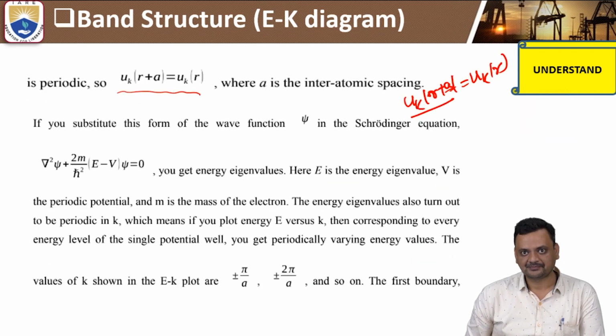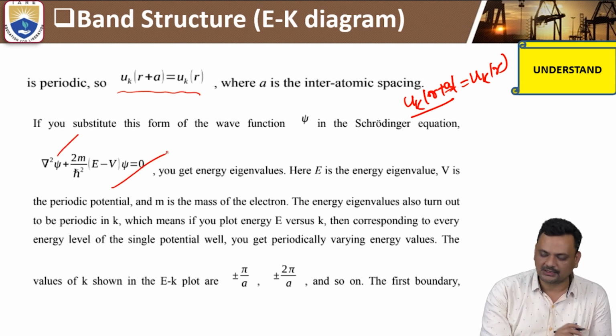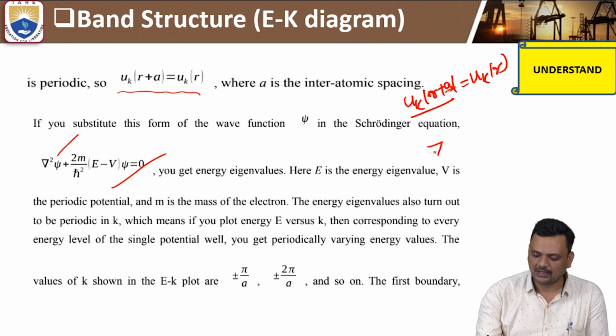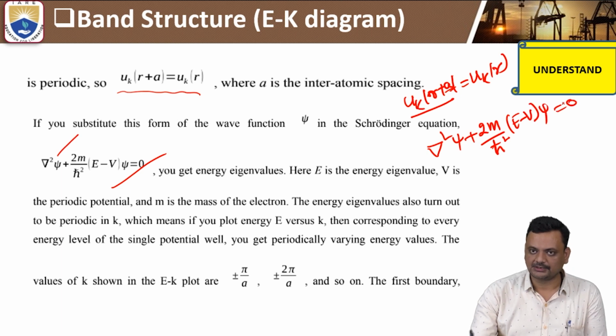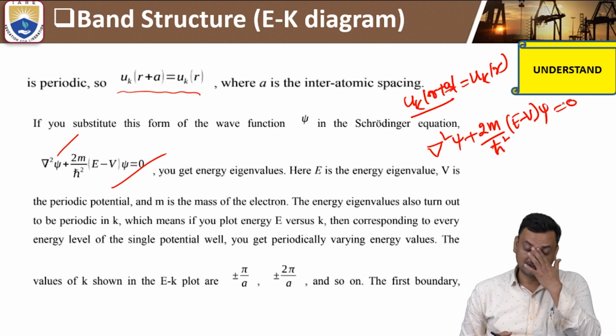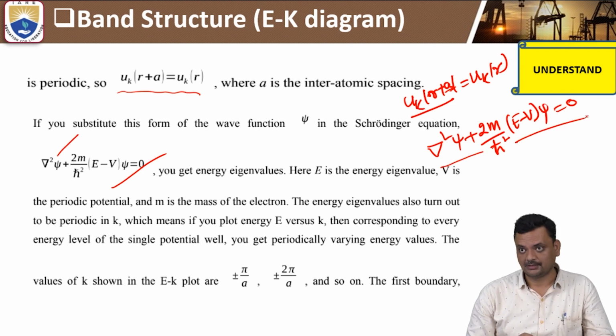Now you can put this wave function psi here. What is this? This is the time independent Schrodinger equation. I also request you to please remember this and try to understand it. Remember what? This Schrodinger equation.